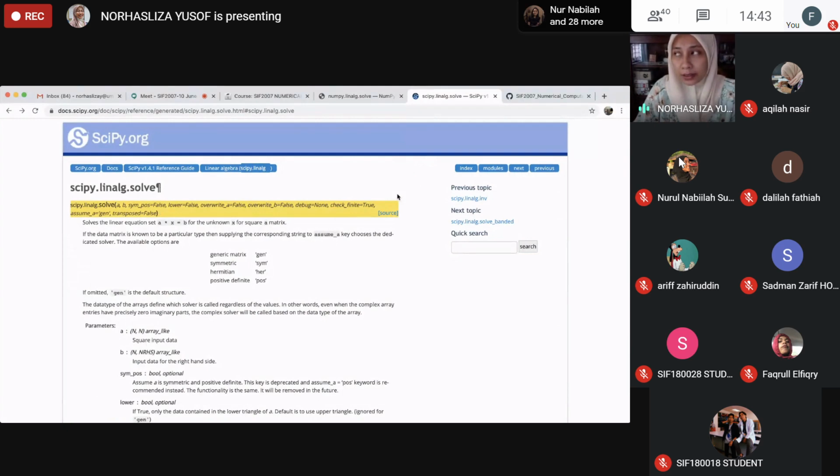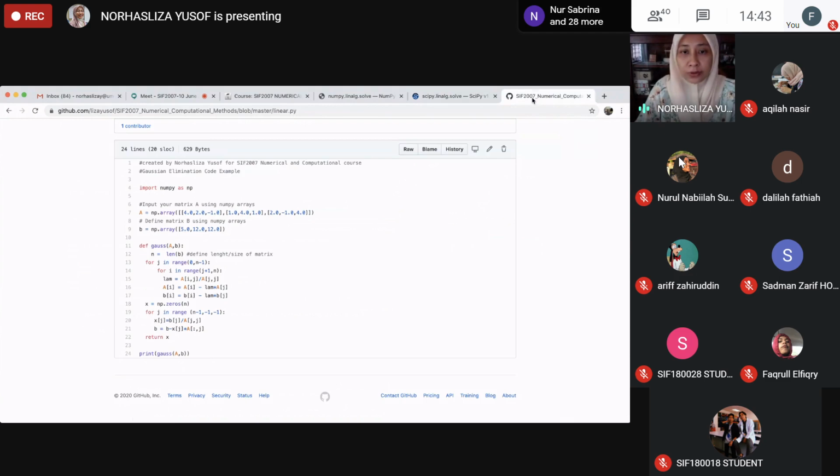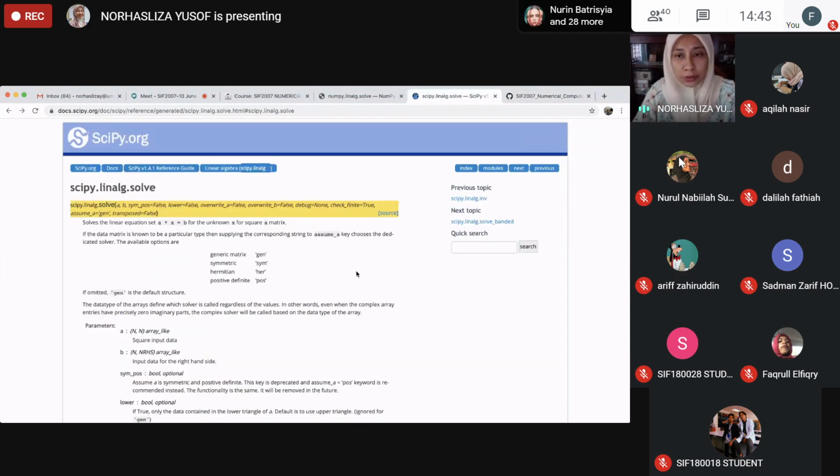This also has Gaussian elimination, but for normal Gaussian elimination, I want you to use this one. This one is only for when you want to use, for example, LU and also pivot. Pivot is a bit tricky because you have to identify which row. For example, if row 1 or row 2, both of them have a pivot, so how you interchange the indices might be a bit complicated for you to do at this level.